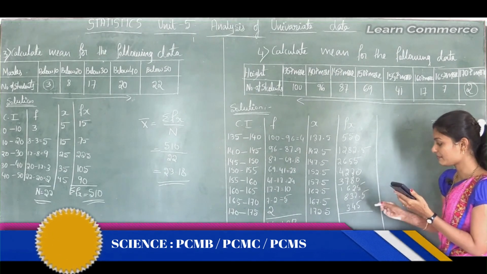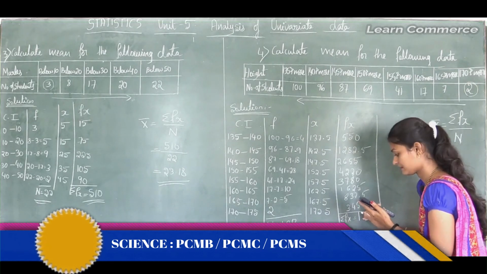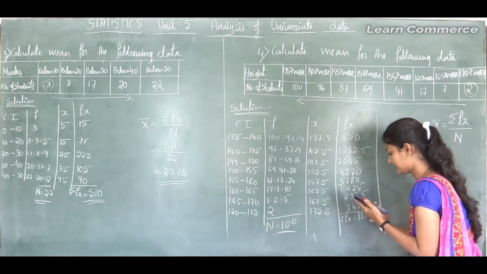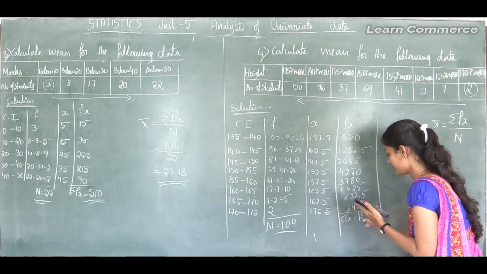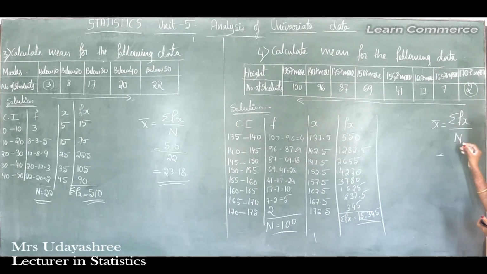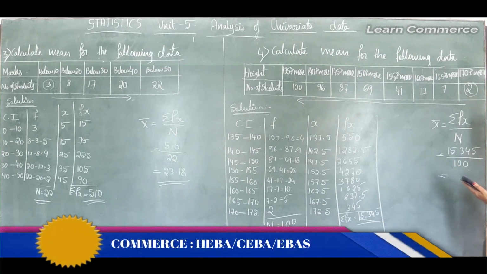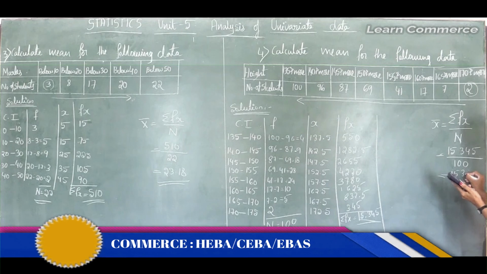So here the sum of fx is 15,345. Now I will substitute these two values into the formula. The sum of fx is 15,345 divided by capital N, which is 100. So 15,345 divided by 100 is 153.45.